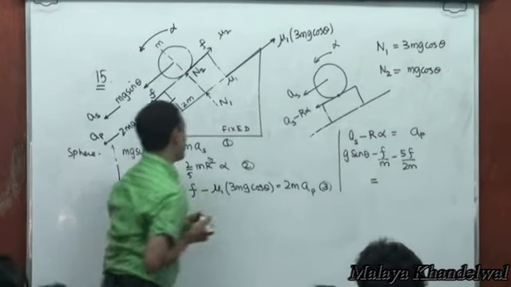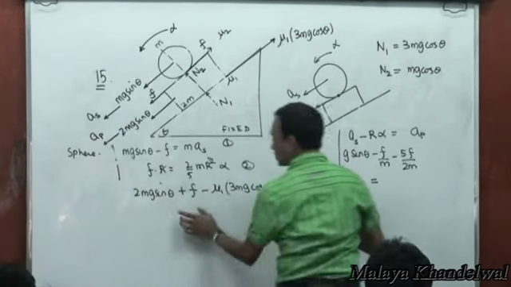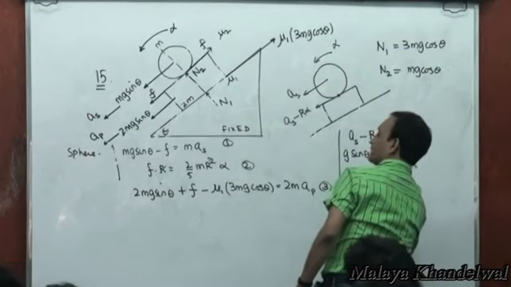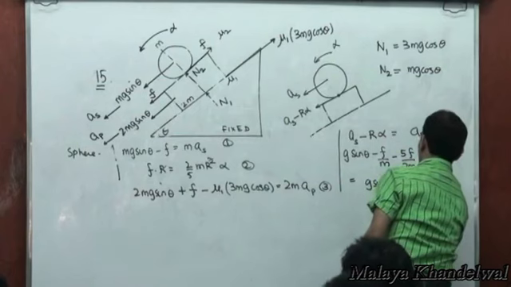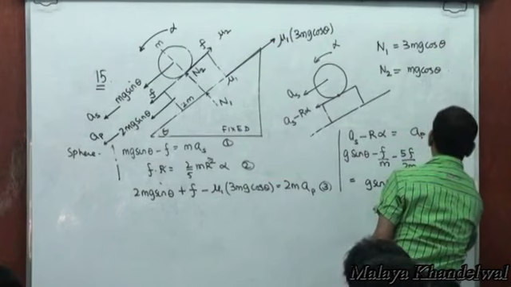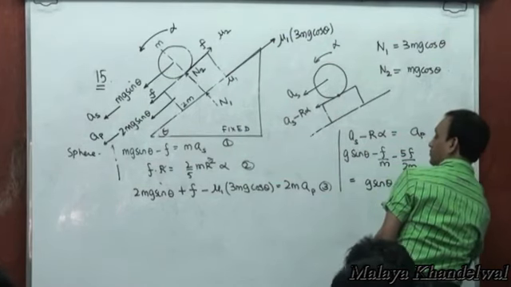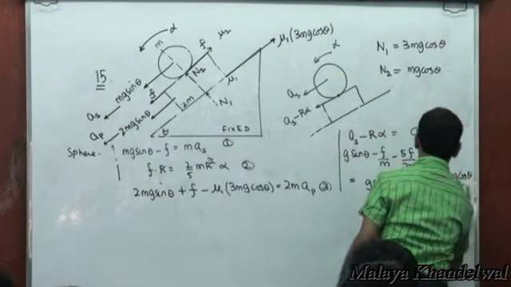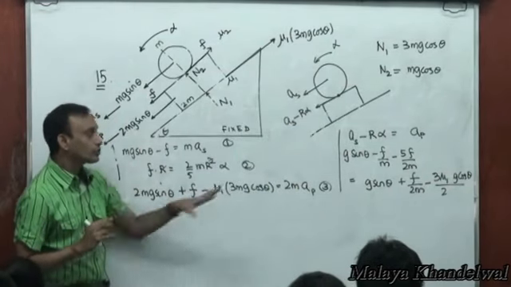The acceleration of the plank, what's the acceleration of the plank? g sin theta plus f by 2m, minus 3 mu1 mg cos theta by 2m. See, this equation will give me the acceleration of the plank: g sin theta plus f by 2m minus 3 mu1 g cos theta by 2.